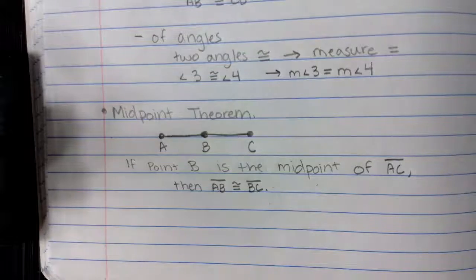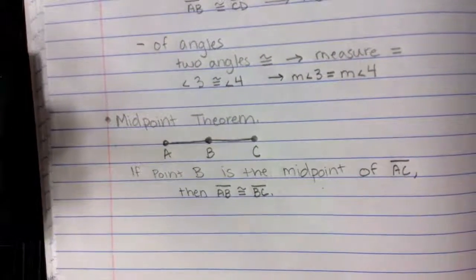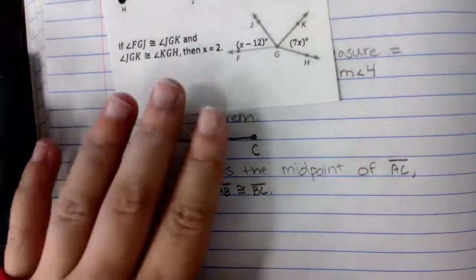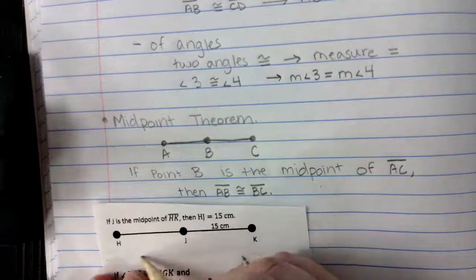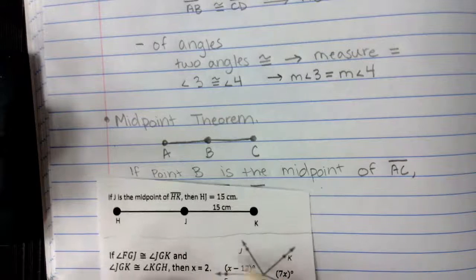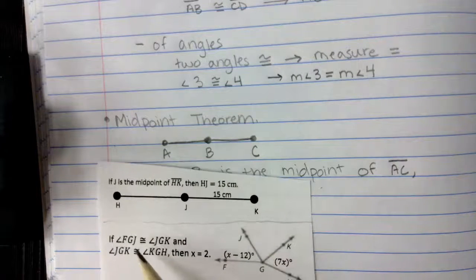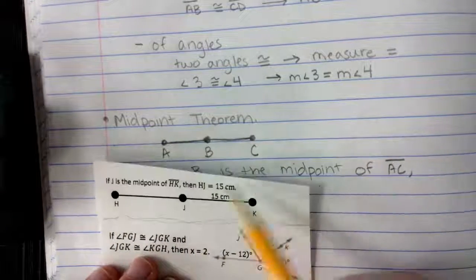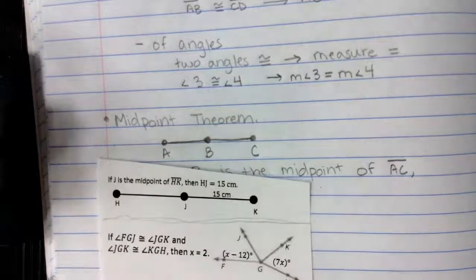All right, what we are going to do is 2 problems on this paper that I handed out. You are going to cut it underneath the segments, but before you get to the angles. So you're going to cut it along this line or rip it or whatever, and then you can glue in this first part. I would hold off for the second part until we get to it.